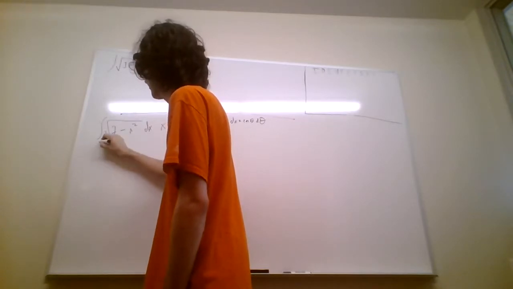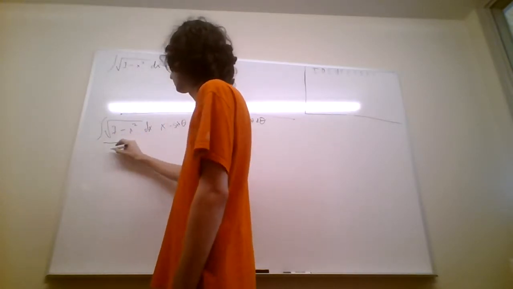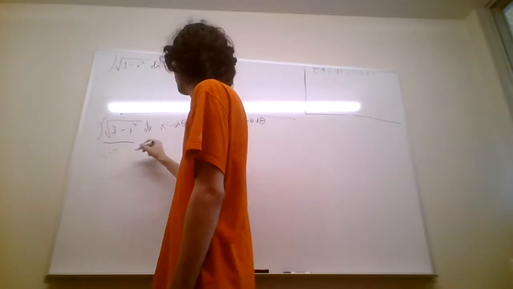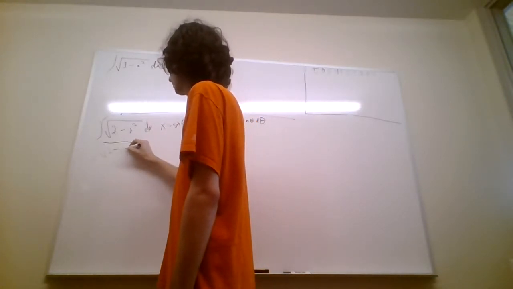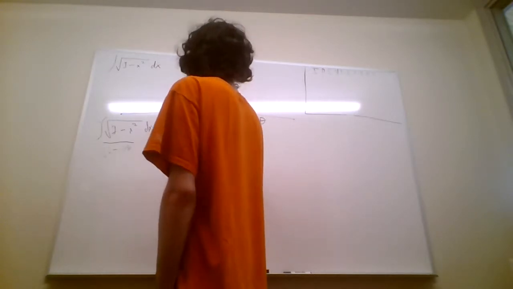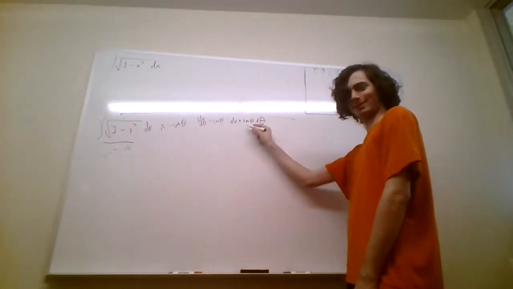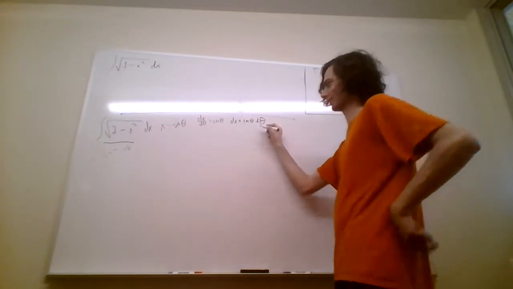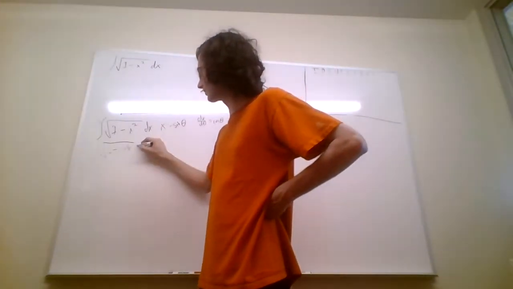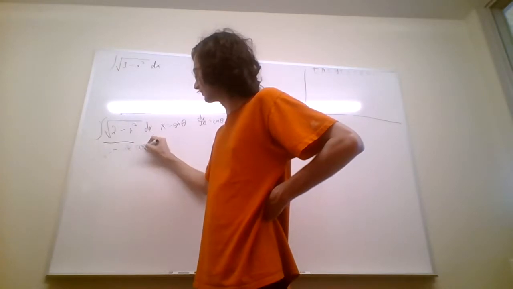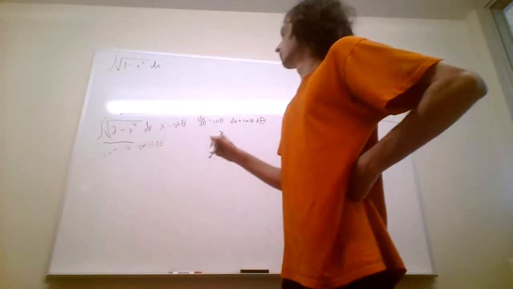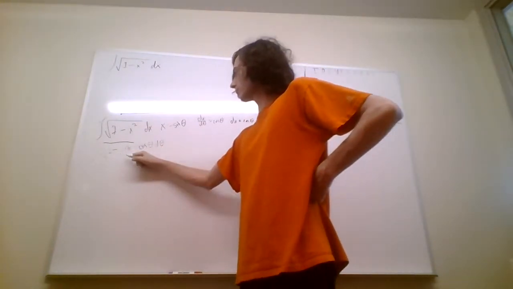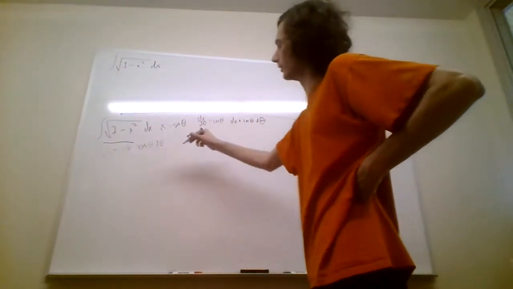So the integral of the square root of 1 minus sine theta squared, because x equals sine theta, times dx, and dx is equal to cosine theta d theta. Okay, this looks a bit difficult, so we're going to use an identity.